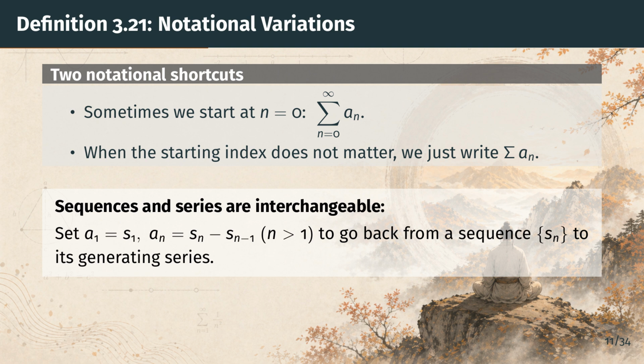Then the partial sums of those increments recover the original sequence exactly. So every result about sequences can be reread as a result about series and vice versa. Both languages survive in the literature because each makes certain ideas easier to see than the other.